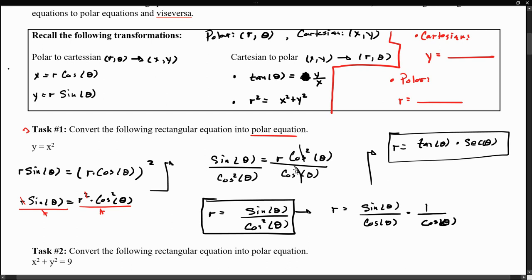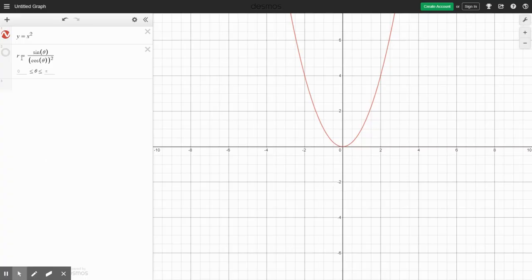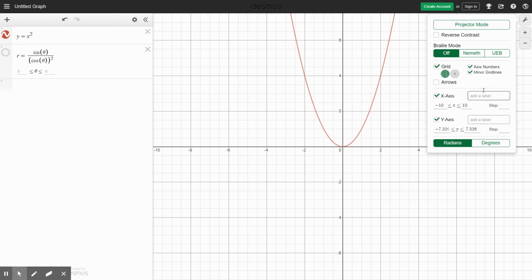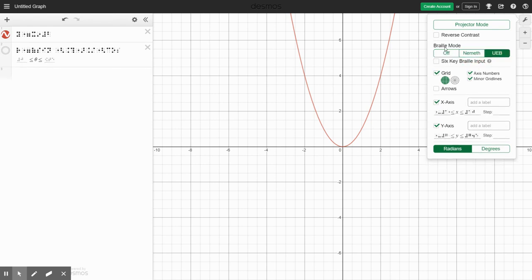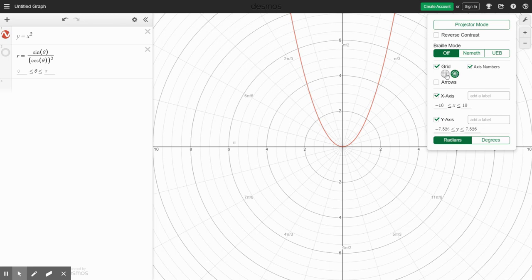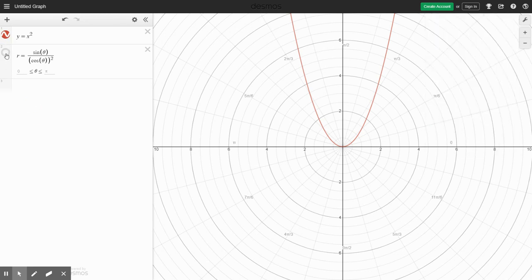Now, how do we know that we have arrived at the same conclusion? Well, let's just graph them and see if it gives us the same result. Here we have our equation y equals x squared, which is a very nice parabola. Now, if we change our grid to polar coordinates and graph the equation that we got as a result, notice that we have exactly the same curvature.